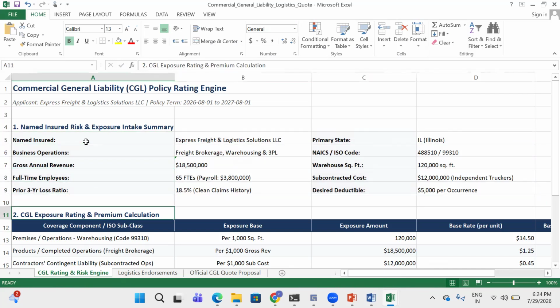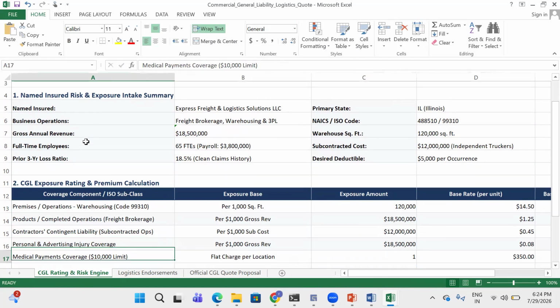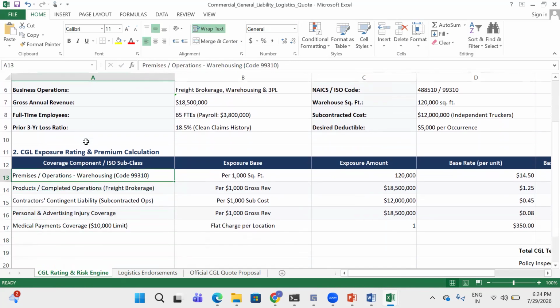Because we want to do exposure rating premium calculation for commercial general liability, first of all, we have to list out all the coverage components. For this commercial general liability, we have taken these components. One, premises and operations, the warehouses that the insured is using. That will be taken as a coverage component first. Second, the different products they were handling as far as freight brokerage is concerned.